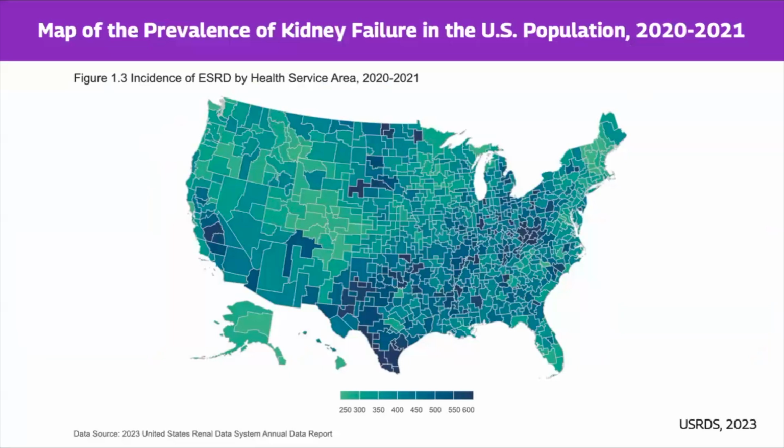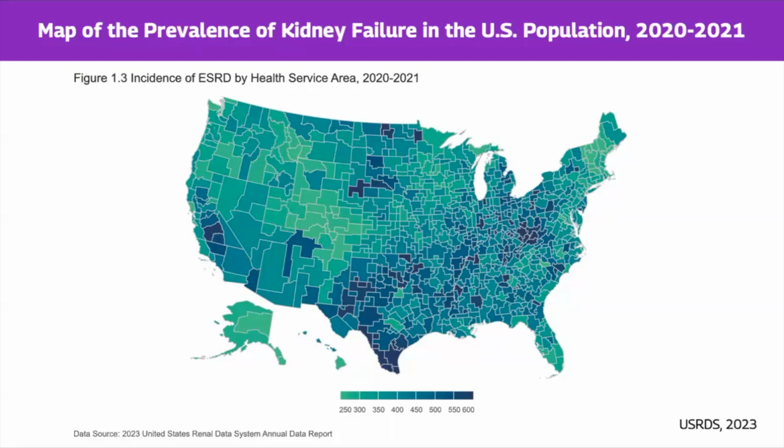So here's a map of the United States provided by the United States Renal Data System. This map is open to the public, so you can find it if you Google USRDS. This map goes through the incidence of ESRD patients in 2020 to 2021.